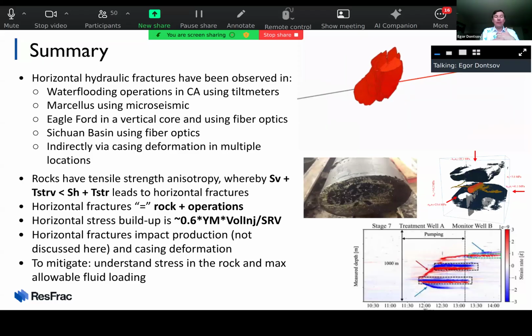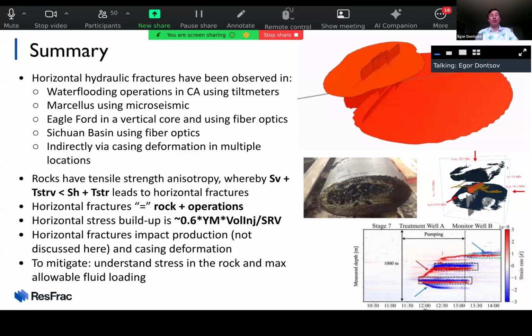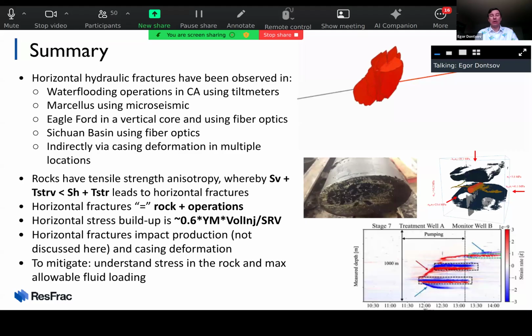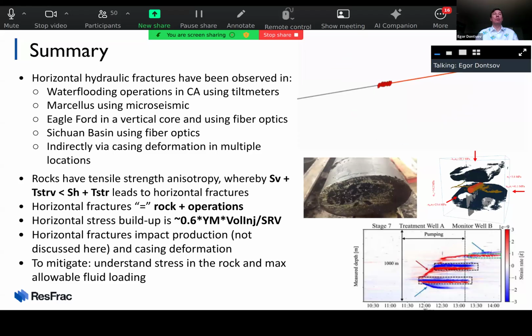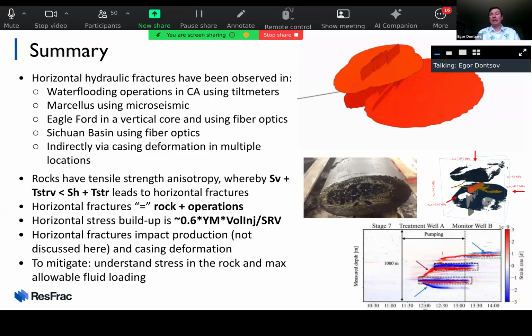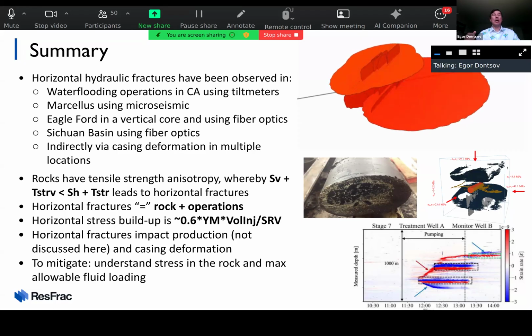From operations, your biggest parameter is your fluid intensity, right? Fluid loading. So how much volume of fluid you pump per volume of rock. Basically, if you reduce it, you have fewer horizontal fractures. If you increase it, you have a higher chance of horizontal fracture. And this is again volume per volume.